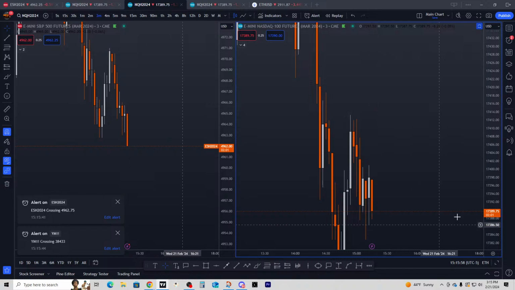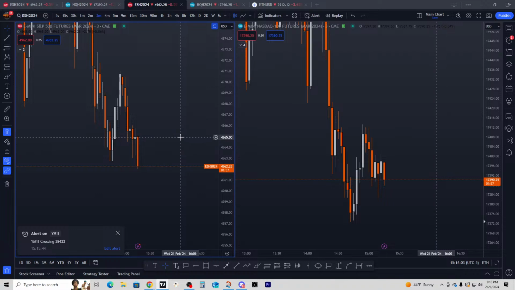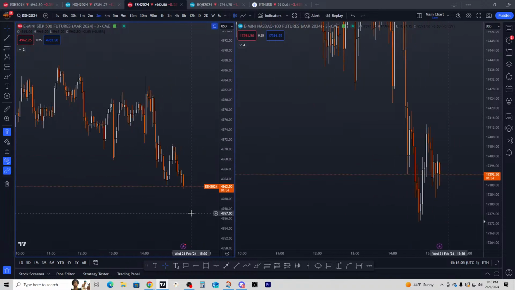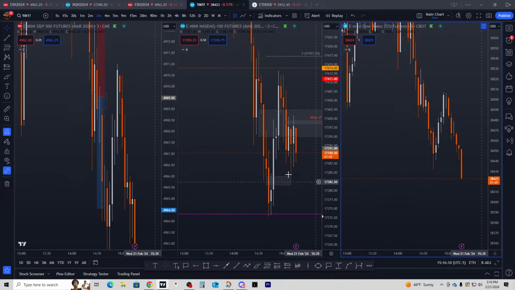Three-minute open with no wick. We started trading down instantly into this fair value gap. As we're trading lower here, as we're trading lower over here.